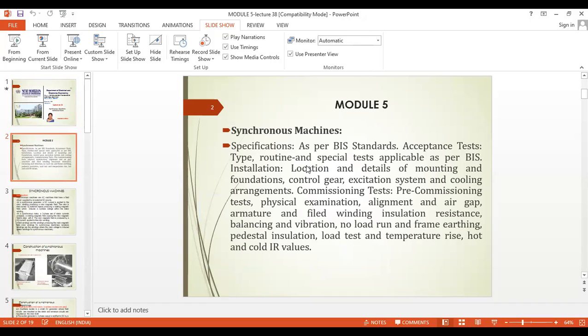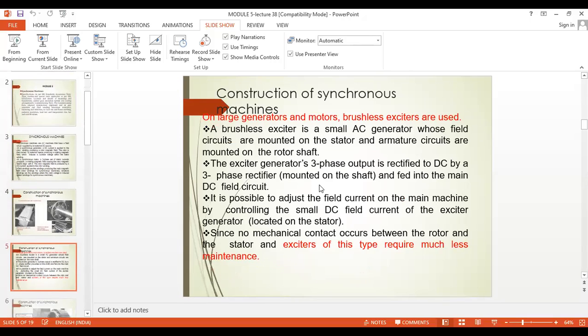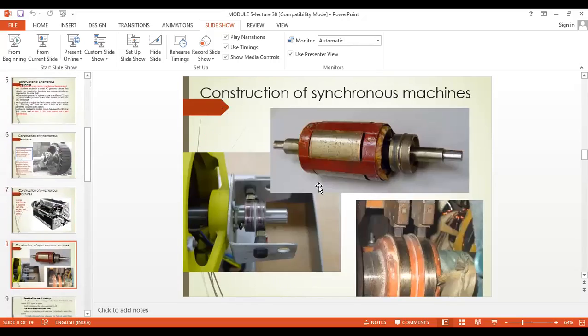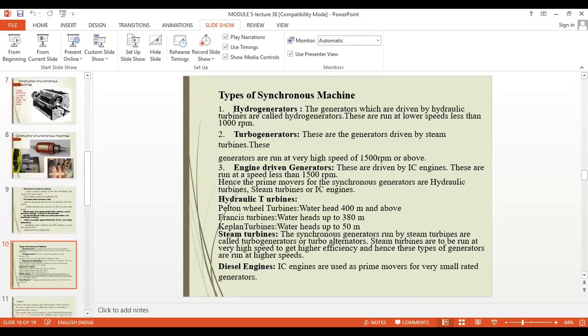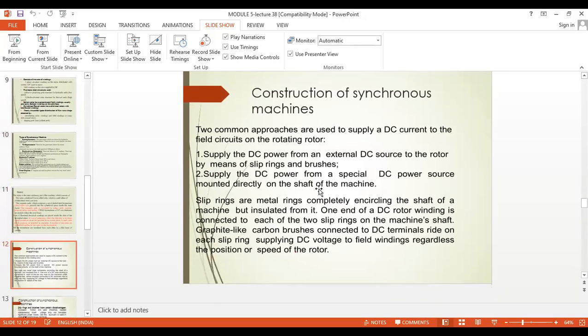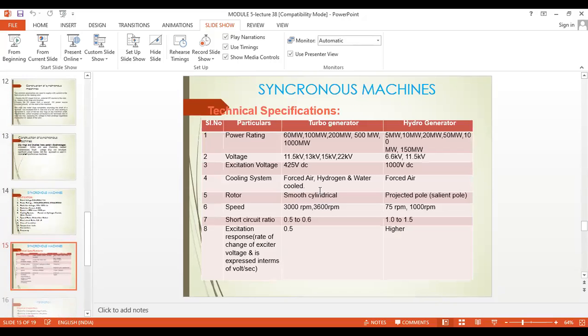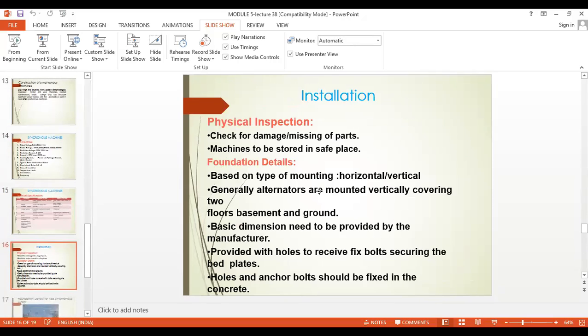So in this lecture we have seen the specification, and all about construction and working principle. Then what the exciter and excitation system are, and the stator, construction of the synchronous machine with slip ring and brush assembly. Then the technical specification for two different machines.